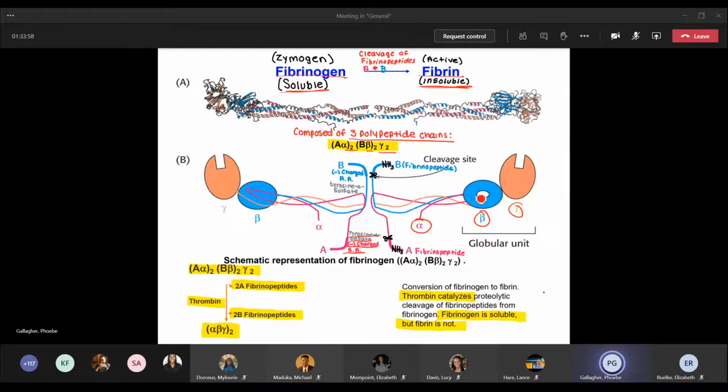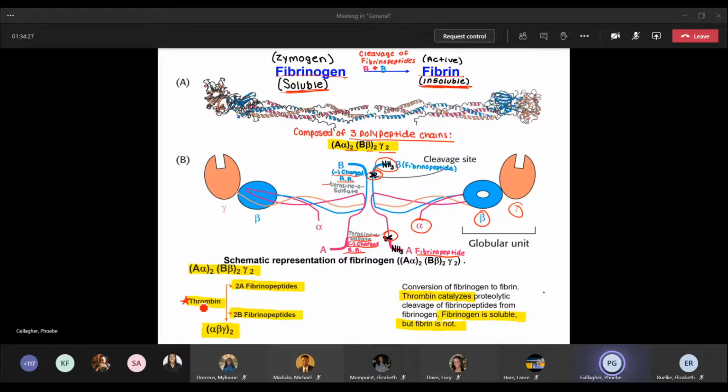Your beta chain also has one of these amino terminus ends that are also composed of these two types of amino acids. So thrombin is going to be the factor that essentially cleaves these fibrinopeptide tails and causes it to become insoluble when it was previously soluble.